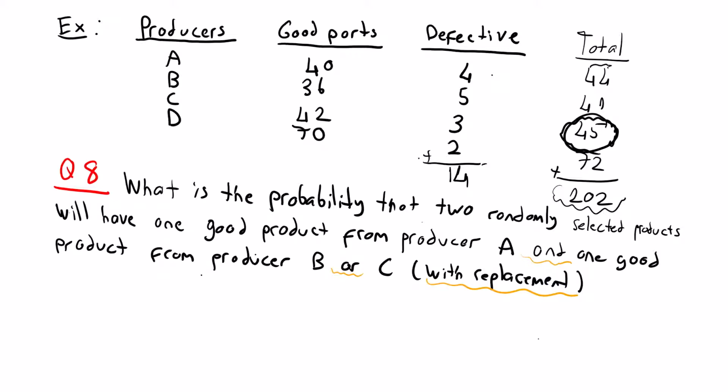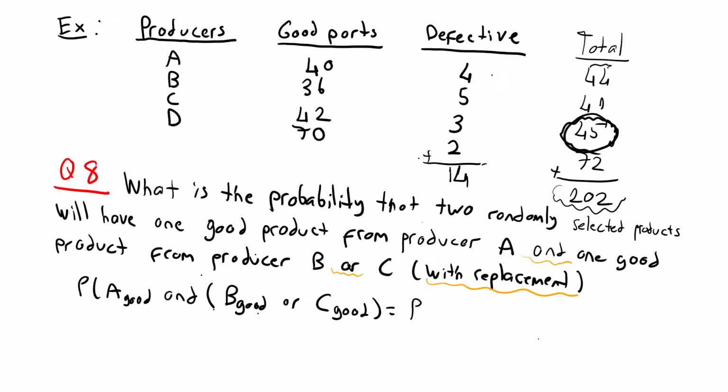Okay, so how do we do this? We're looking for the probability of selecting a good product from producer A and selecting a good product from producer B, or selecting a good product from producer C.